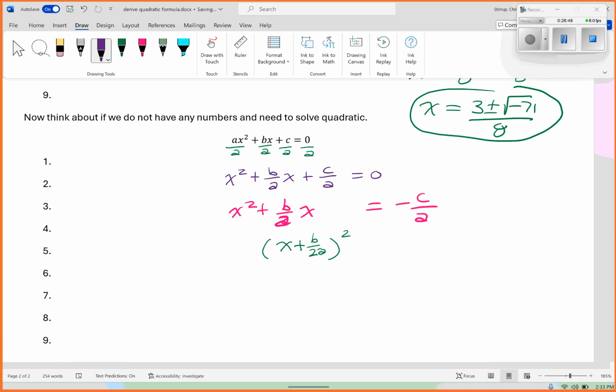All right, friends. B times b is b squared. 2 times 2 is 4. A times a is a squared. Okay, so I just squared b over 2a. If I add that here, I'm going to add it here. Okay?